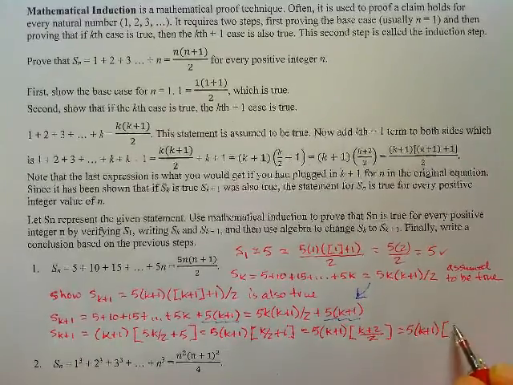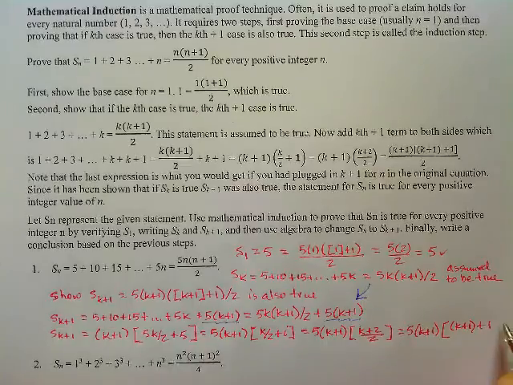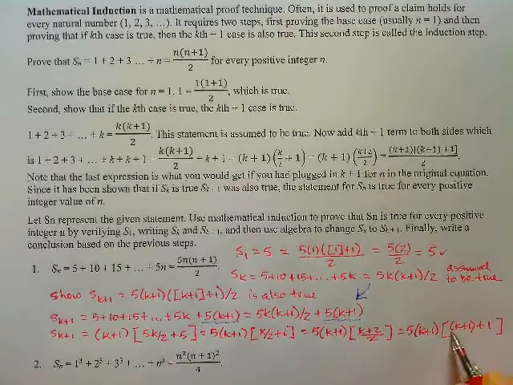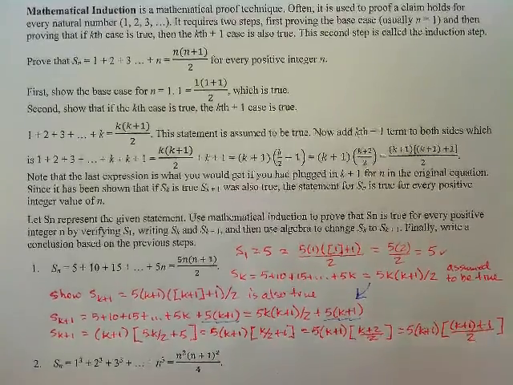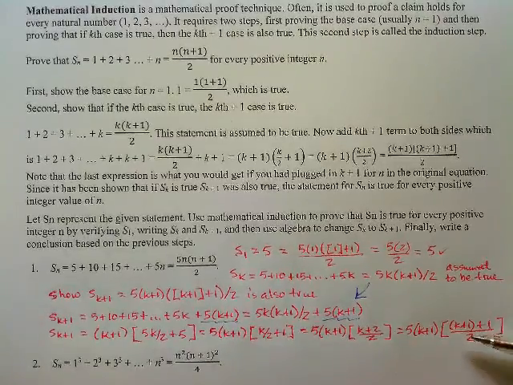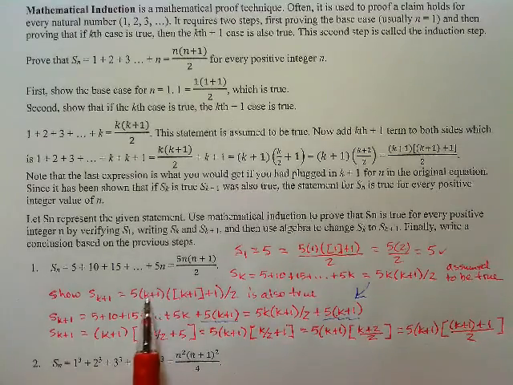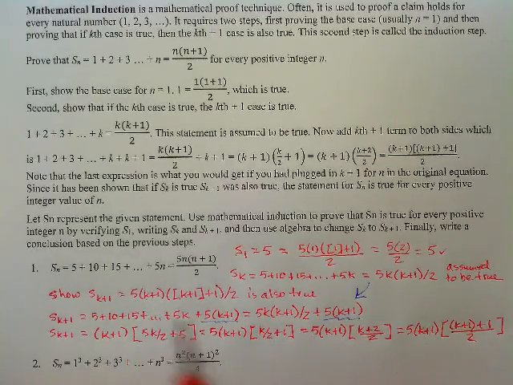And then I have k plus 1 plus 1 all over 2. And so you can see that I have in fact shown what I wanted to show. Here's my 5k plus 1, the k plus 1 plus 1, all over 2.